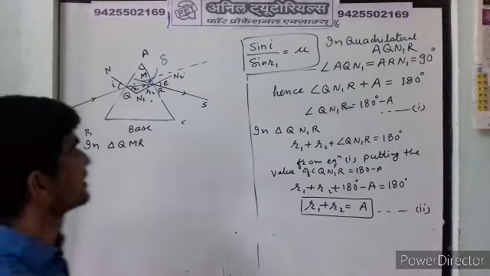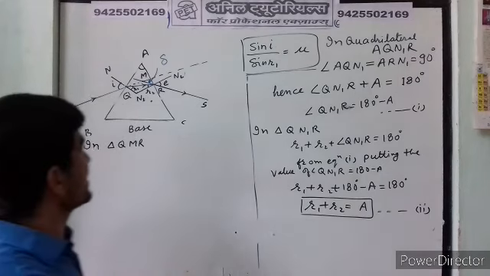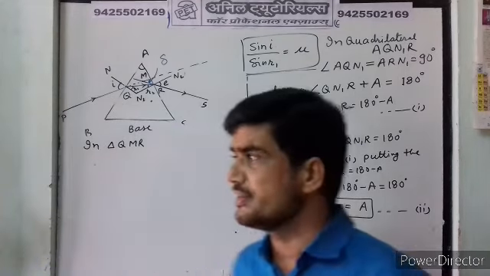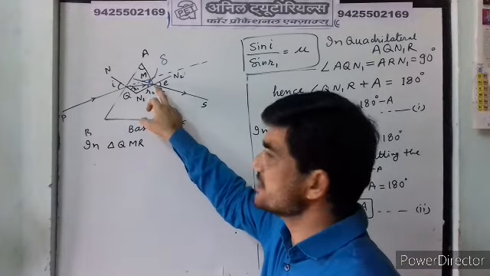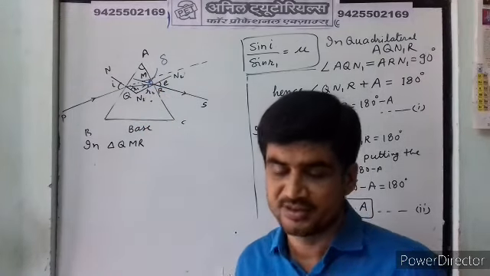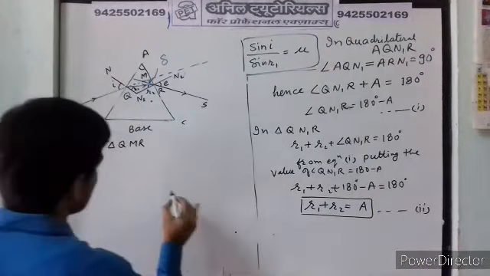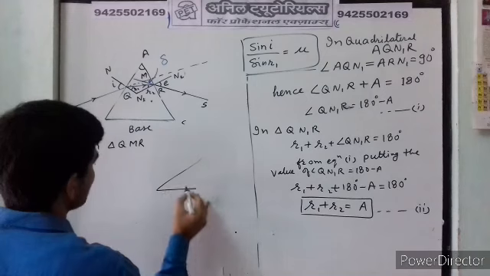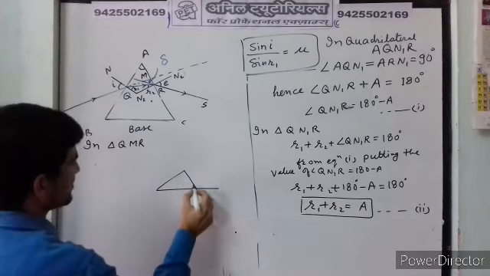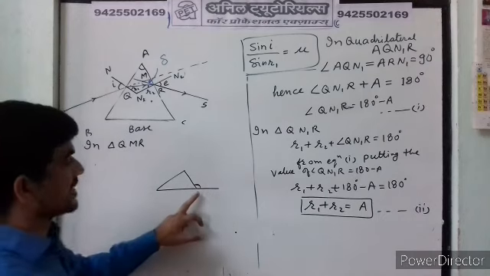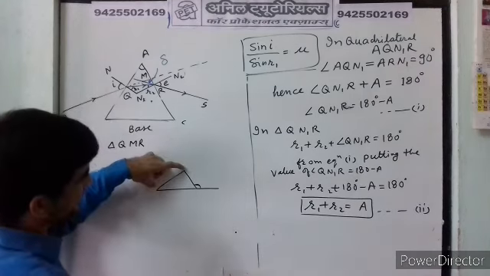QMR. Just see in this triangle, the angle of deviation delta is the exterior angle. You have studied the theorem: if you find the exterior angle of any triangle, its value is the sum of the other two interior angles.